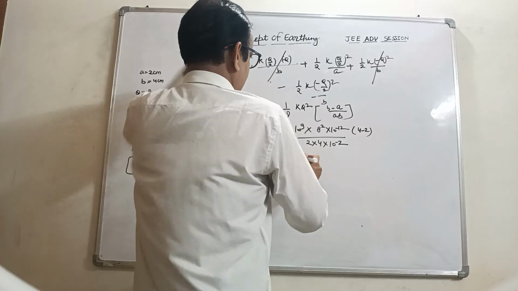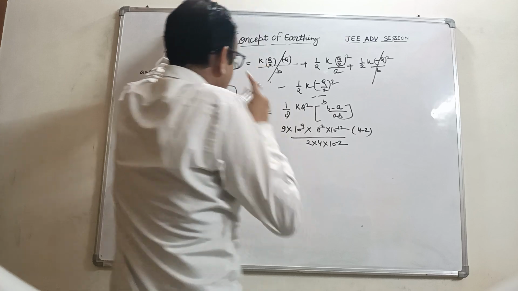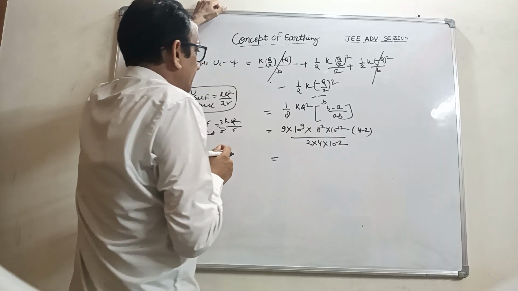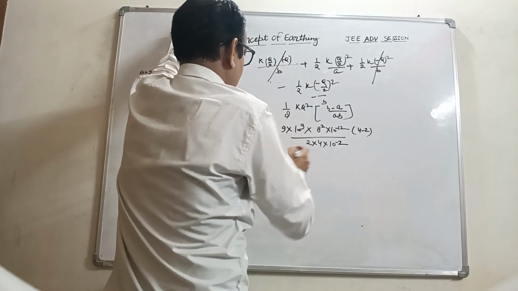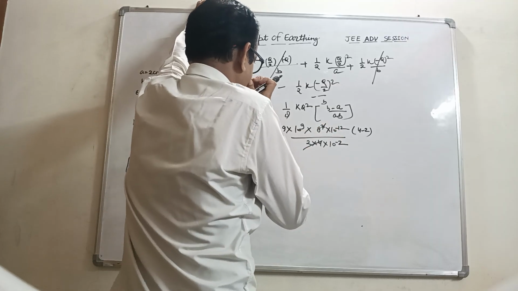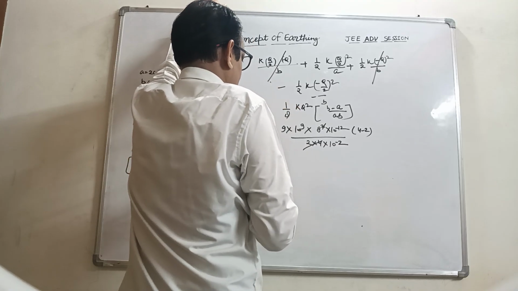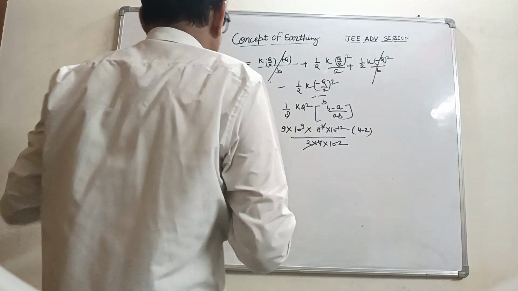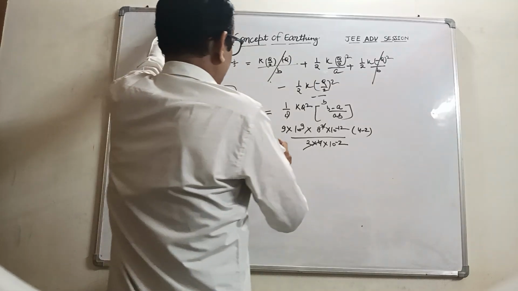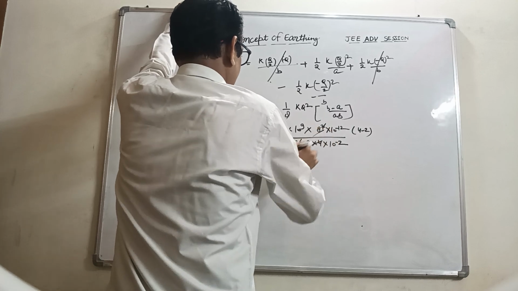So this would be 8 K Q square upon AB. 8 cancels out, 8 is also here so 8 also cancels.